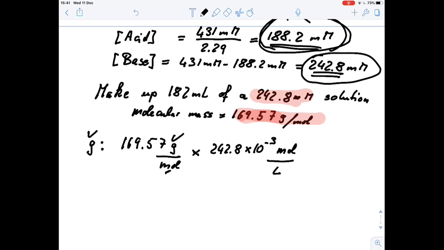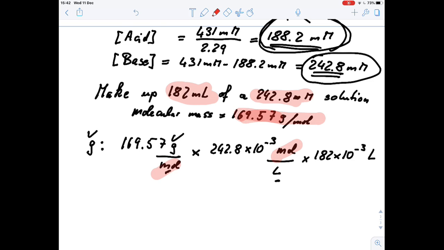Now, I can really cancel out the mole. And all I need to do is try to get rid of the liters. Do I have liters anywhere? Yeah, that's what I've got here. So I multiply that by 182 times, and the milli is 10 to the minus 3 liters.